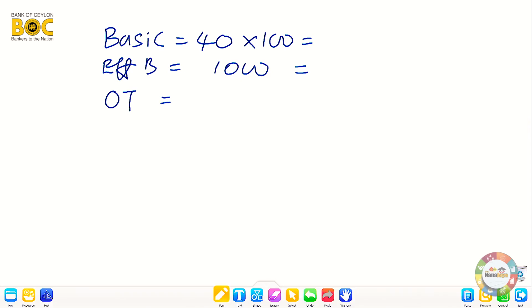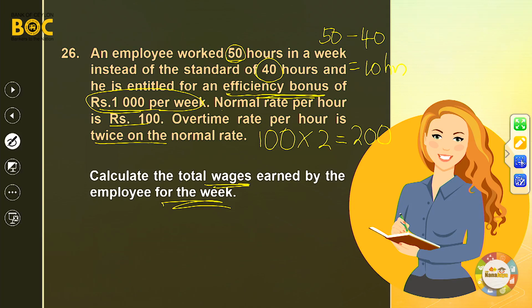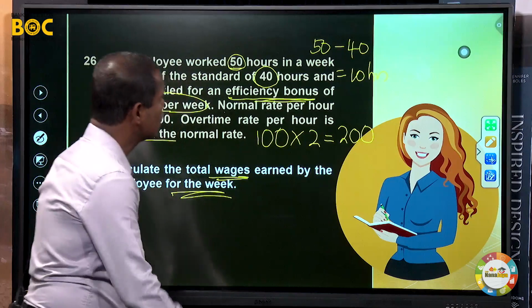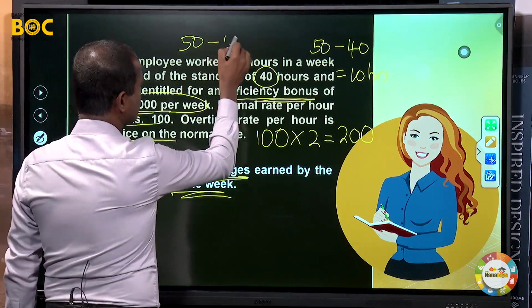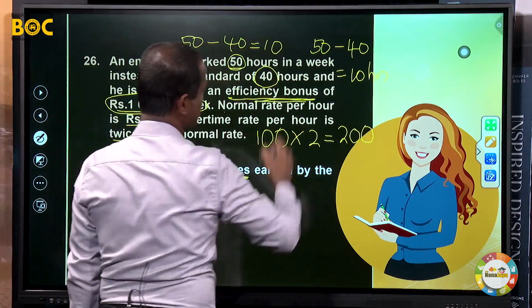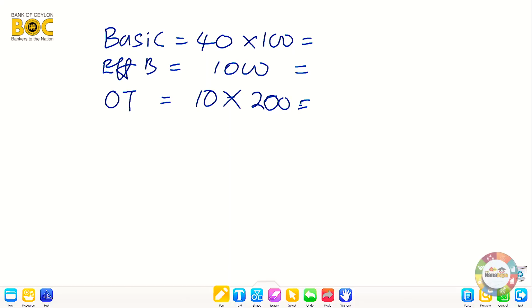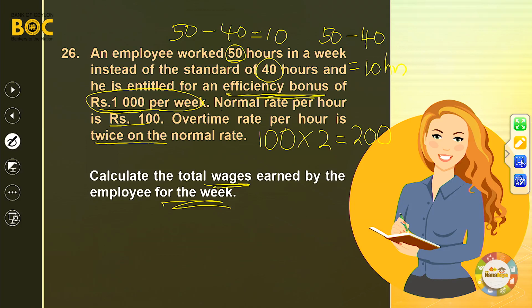How many overtime hours? 10 hours. How can you say 10? Normal working hours 40, he has worked 50 hours. 50 minus 40, he has worked 10 overtime hours. Overtime rate is twice the normal rate of 100, so 200.